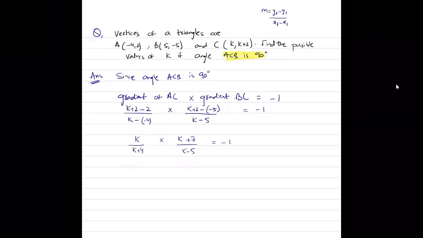It's going to be a quadratic equation, so it's okay if you get two values.